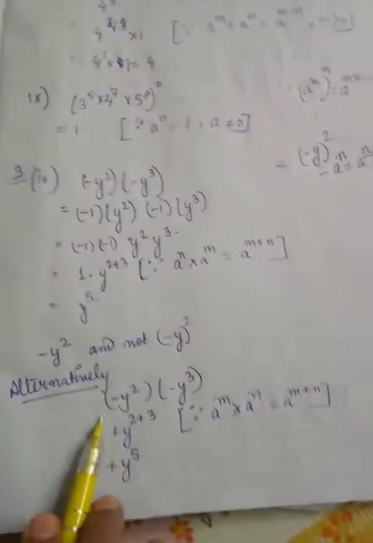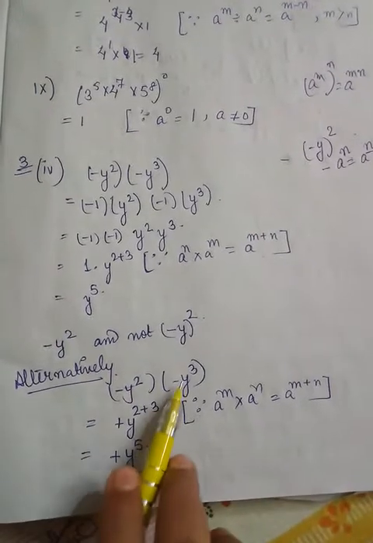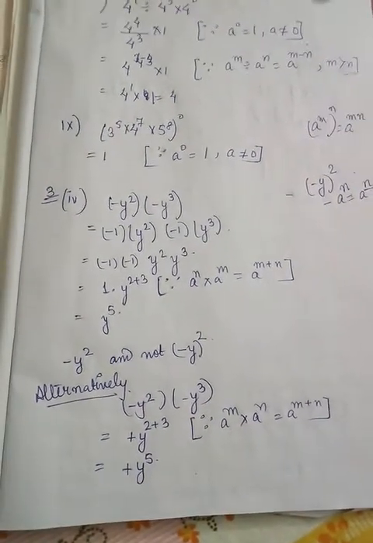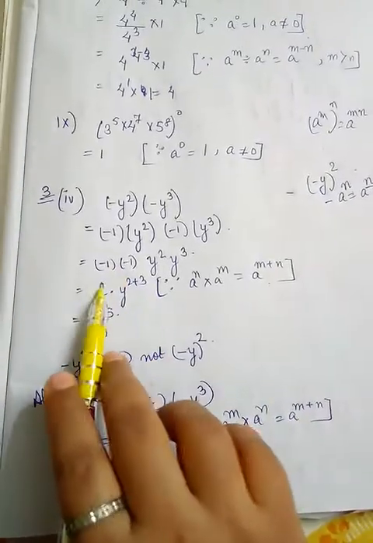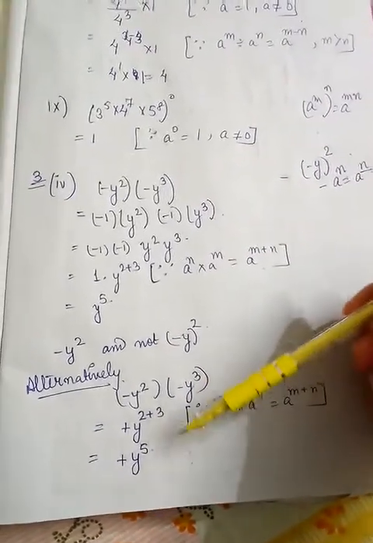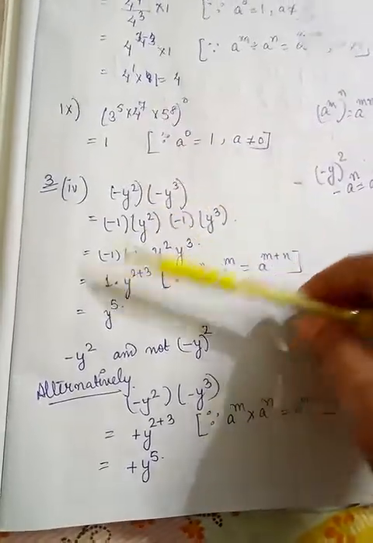One thing that you can do, this is a bit of a direct step: since both the terms are having a negative sign, we know that if there are two negative signs, then they will get absorbed. I have just replaced these two steps and directly written this, but anyway, if you are not able to solve it in this way, you can solve it in this way.